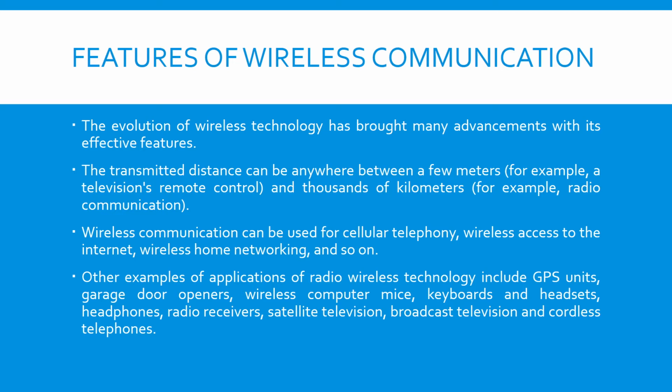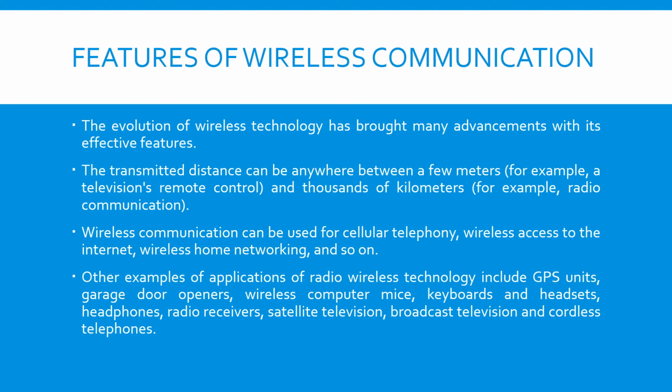Other examples of application of radio wireless technology include GPS units, that is the global positioning system units, and garage door openers, where we could operate some doors with the help of wireless technology through a remote. Then wireless computer mice, we can operate a mouse in a computer with the help of wireless technology, keyboards, and headsets, that is the earphones or the headphones that we use as of now.